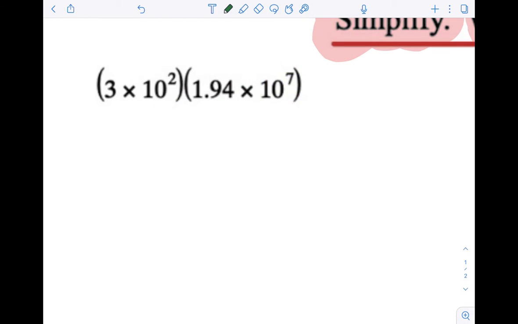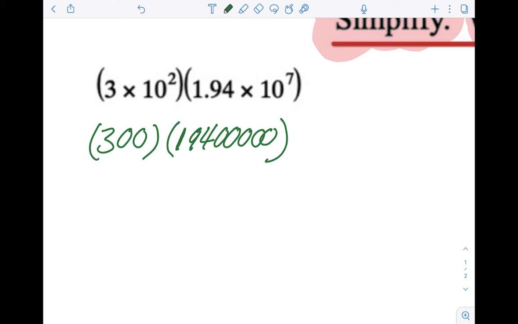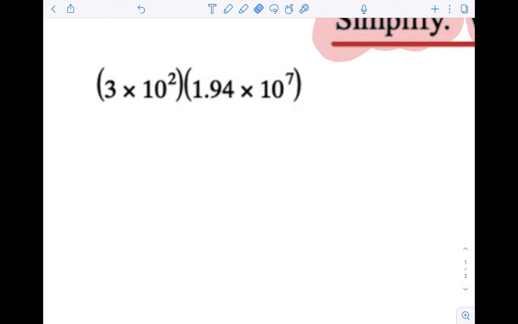Imagine if we had 300, so this is 10 to the power of 2, times 194 and 1, 2, 3, 4, 5 zeros, and we had to multiply those two. Even in the calculator, that's annoying. So what we're going to do is use scientific notation shortcuts to figure this out, okay?